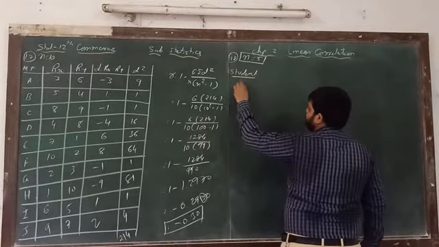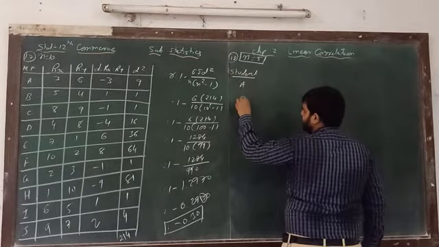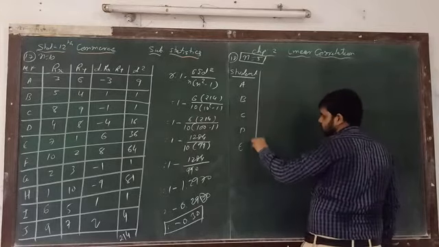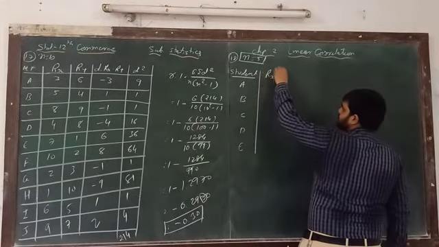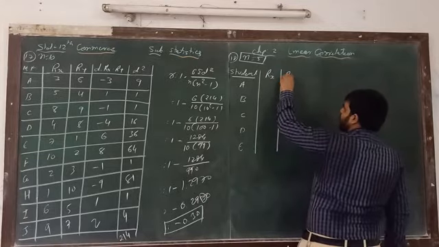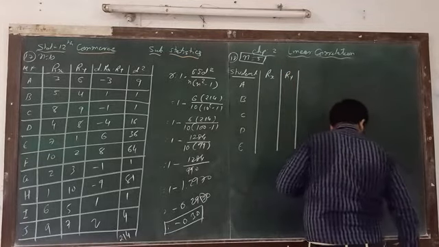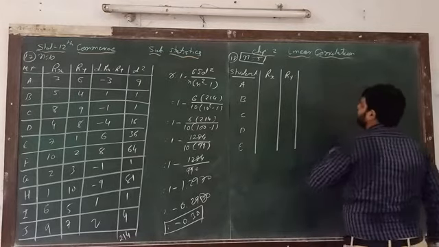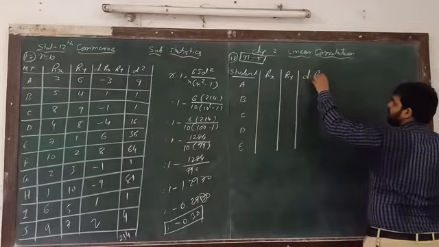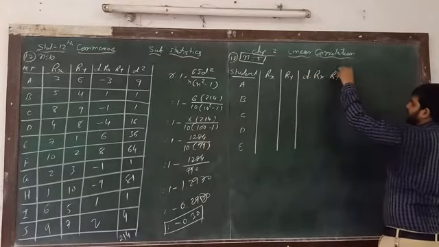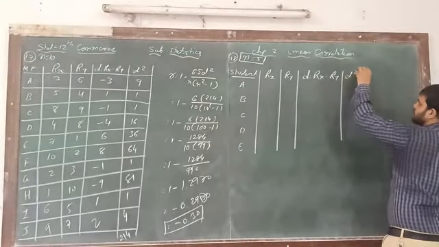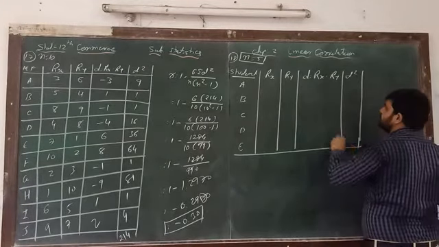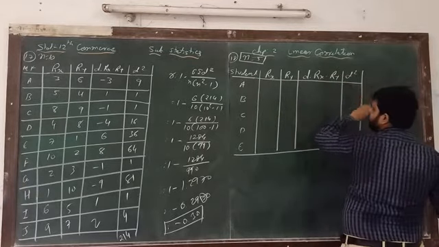As we know, 5 students are there, so the names are probably A, B, C, D and E. So this is the student, Rx, Ry. Then with the help of Rx and Ry, what do we have to find out? D, which is Rx minus Ry, and D square. Okay, so these are the things that we have to find out.